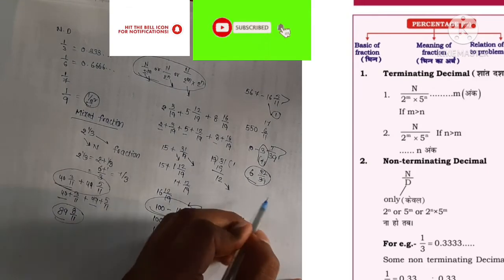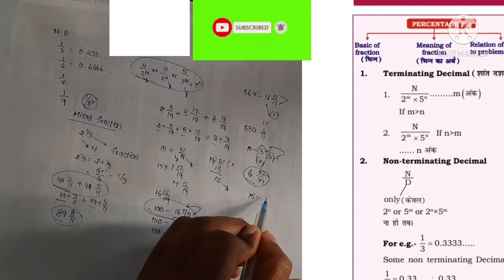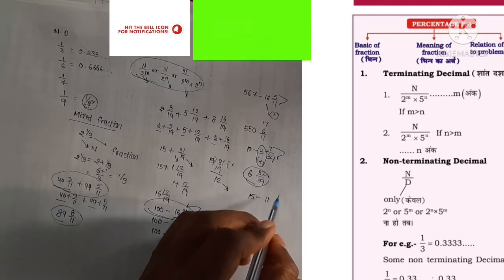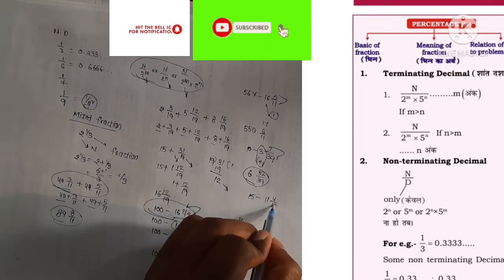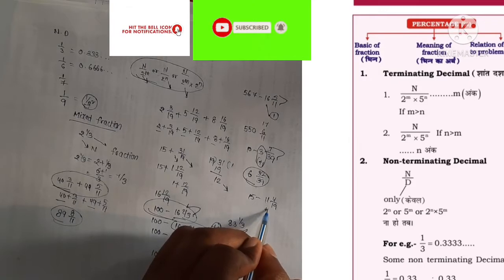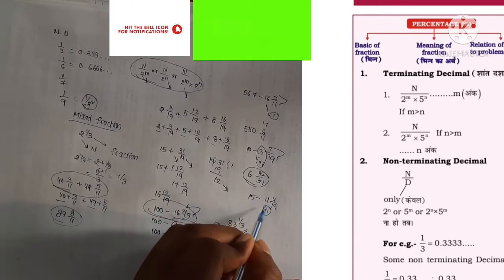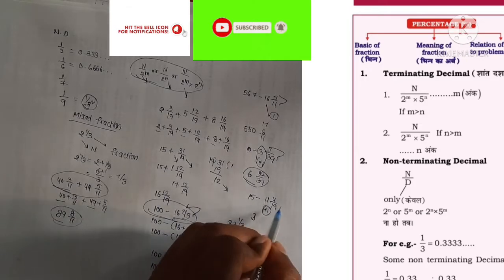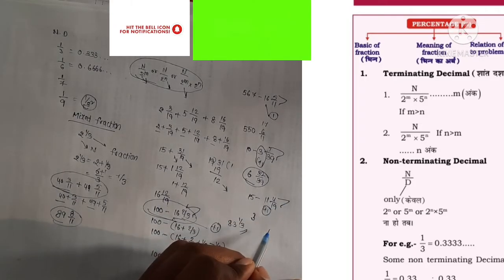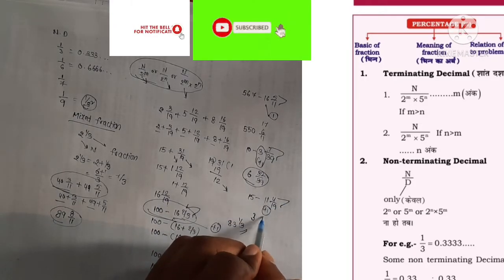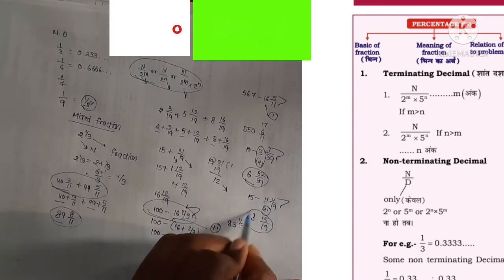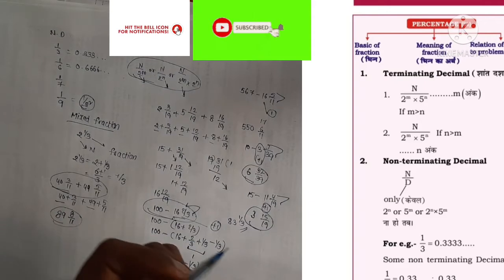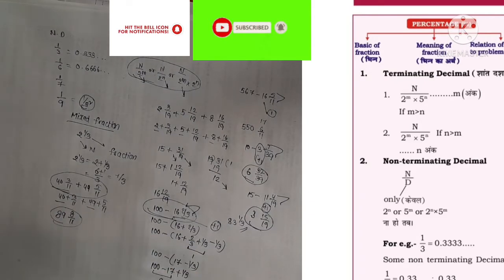Next, 15 minus 11 4/19. So add plus 1, so 12, subtract 12 from 15, the value is 3. So 19 minus 4, so the value is 15/19. Okay. So these are mixed fractions.